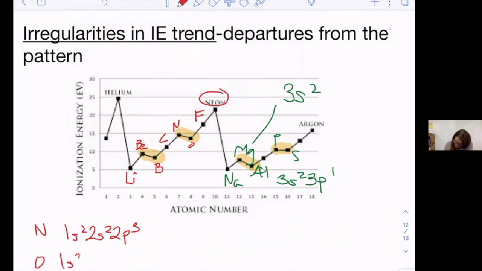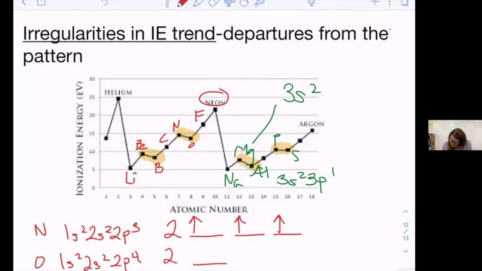Oxygen, 1s2, 2s2, 2p4. I need to look at their orbital diagrams to see a little bit more. The orbital diagram for nitrogen: up, up, up. For oxygen, up, up, up, down.